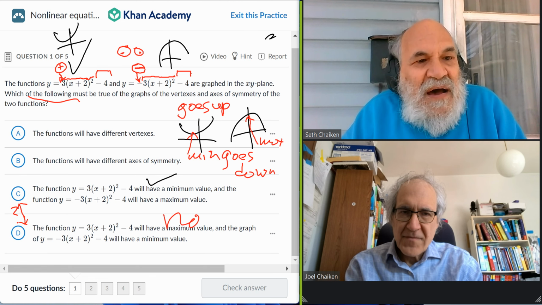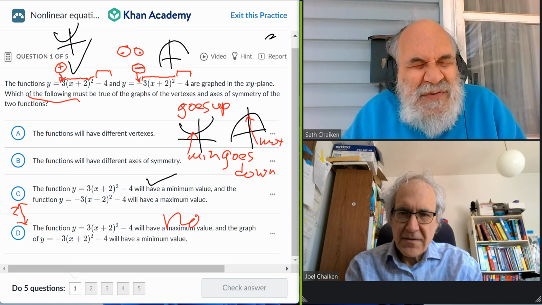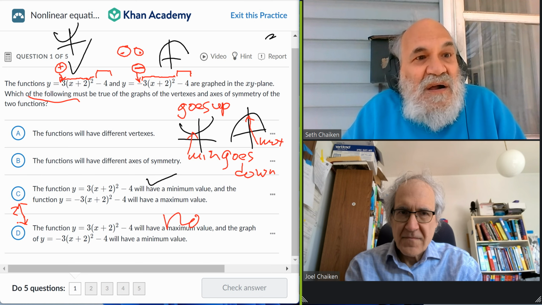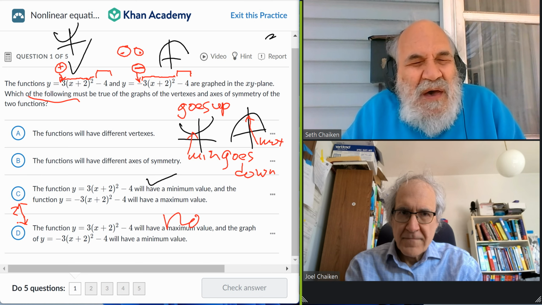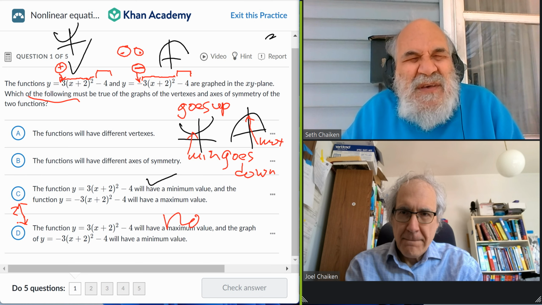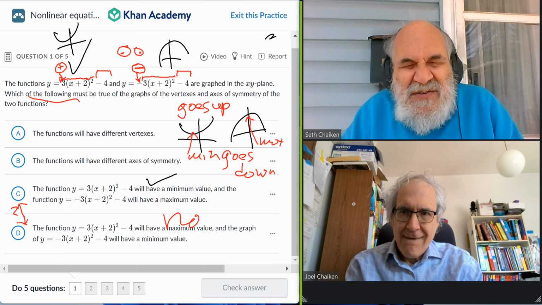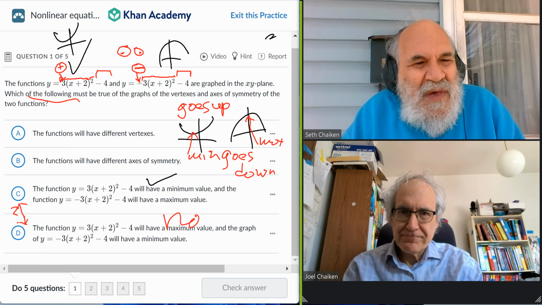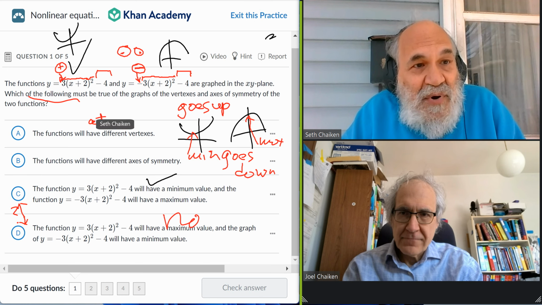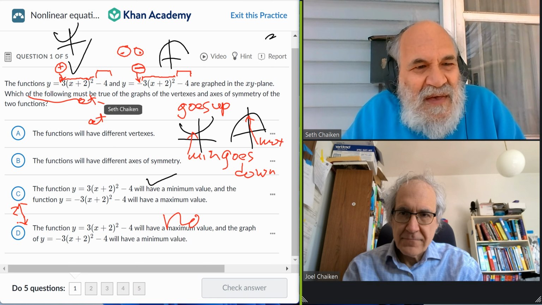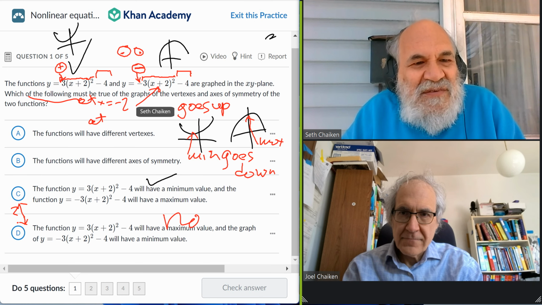Now let's ask about different vertices versus different symmetries. Vertex is where the square term, the thing that's squared, vanishes, becomes 0. So this one has the vertex at x equals -2, and same with this.